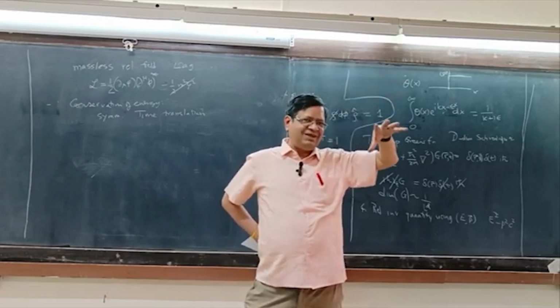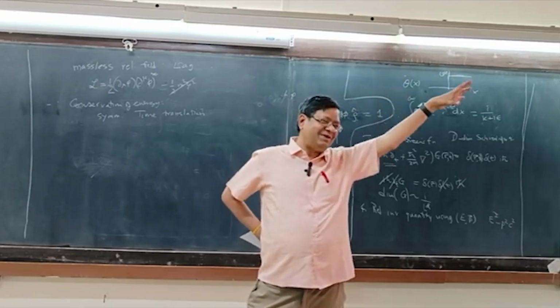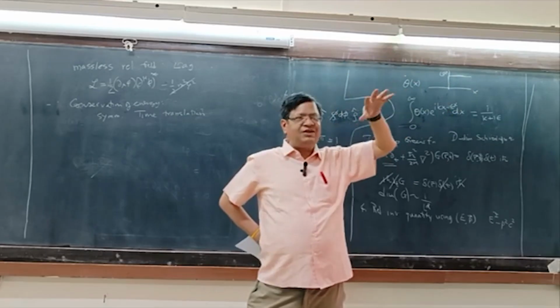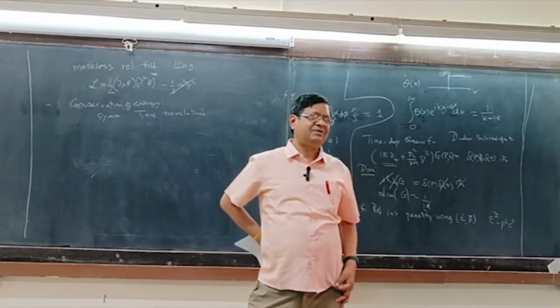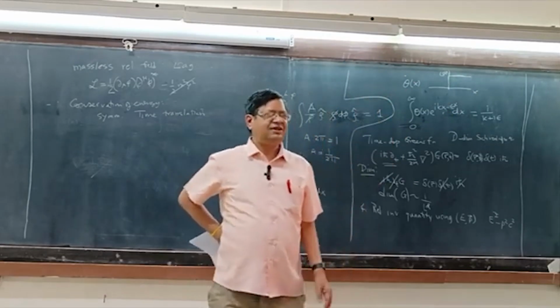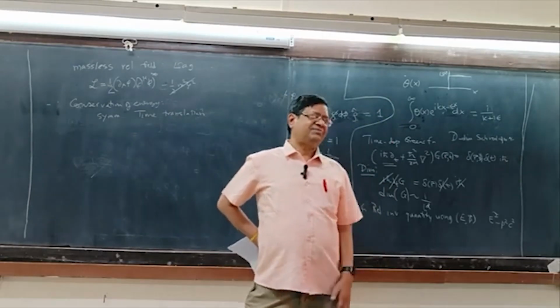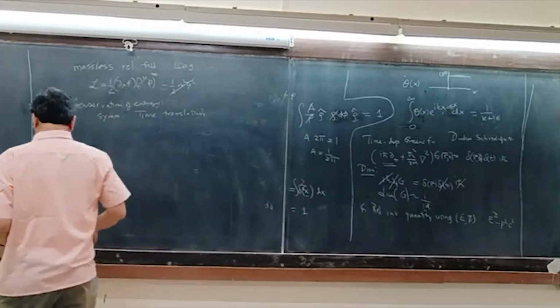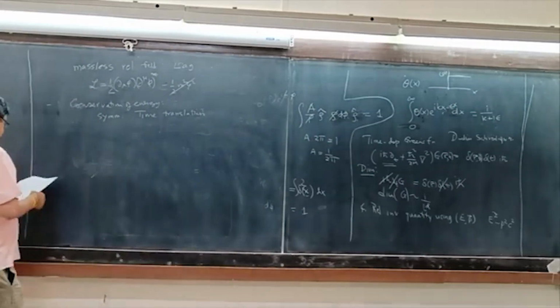So if you take the same earth of today and translate 1 million years later, you have to take the full system, not only part of the system. That's the important thing: the Lagrangian of the full system is invariant under time translation.